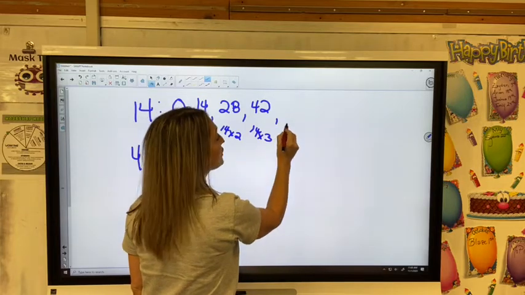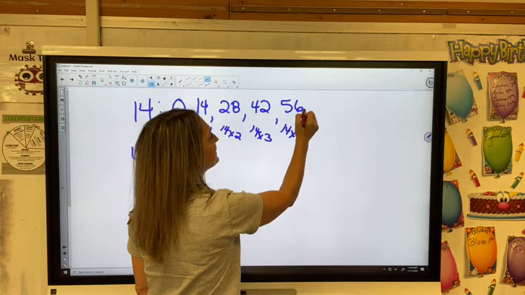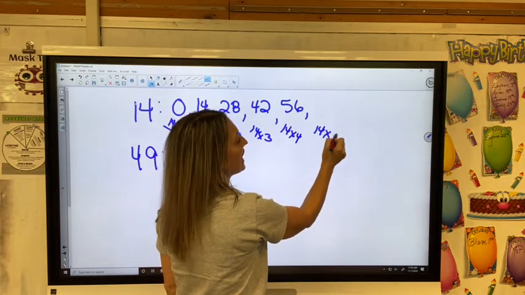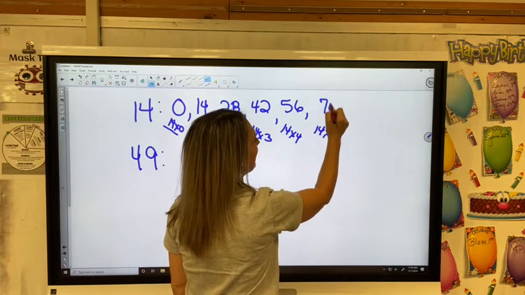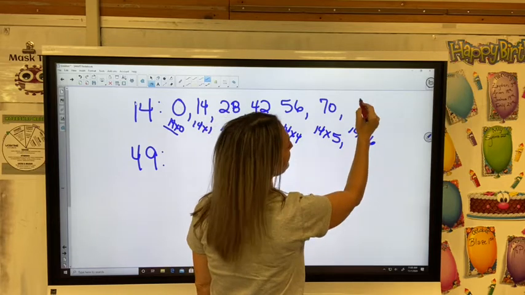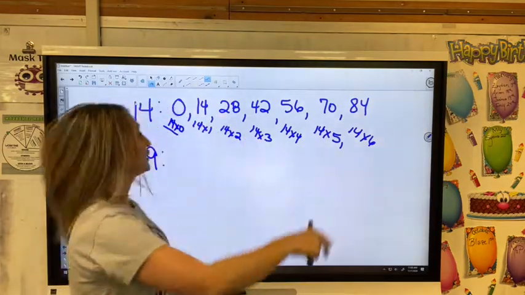Then I'm going to go on to 14 times 4, and that's going to give me 56. I'm then going to go on to 14 times 5, and that's going to give me 70. And then I'm going to go on to 14 times 6, and that's going to give me 84, and so on, and so on, and so on.